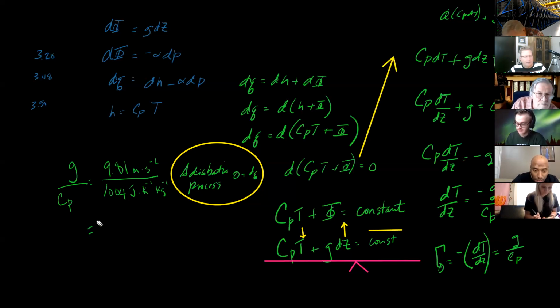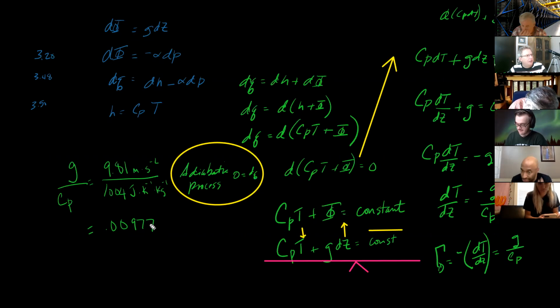What's the number you get? 0.00977. E to the minus third.